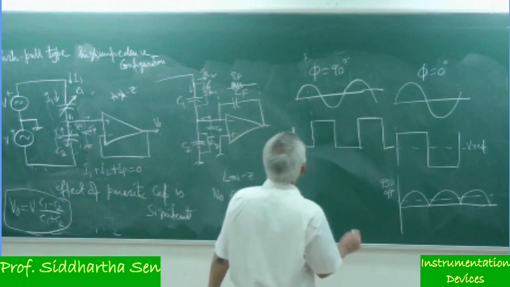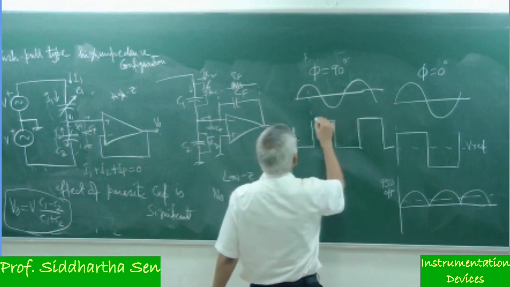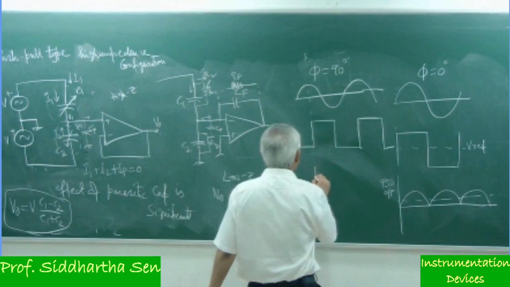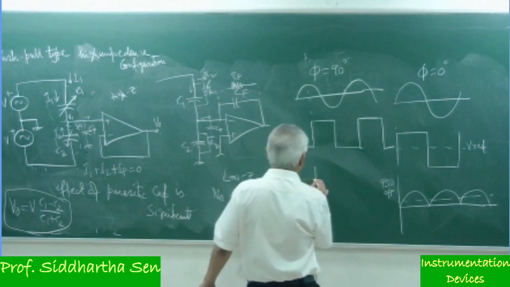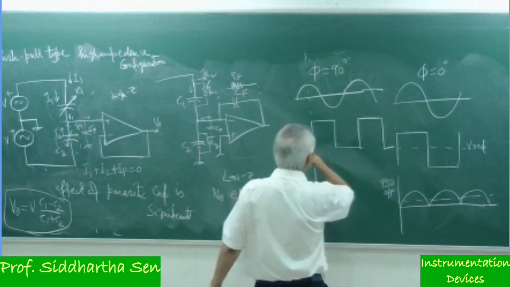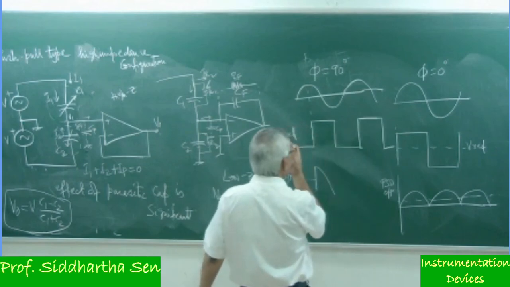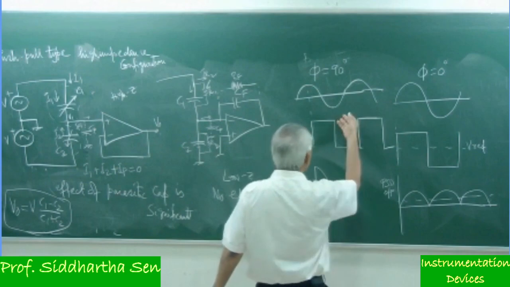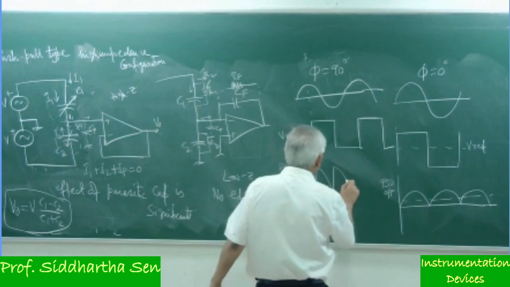If we recall, during this phase, when this is plus 1, the switching type of action gives positive A, and then in the negative phase the switch will be inverted, so it would be like this.